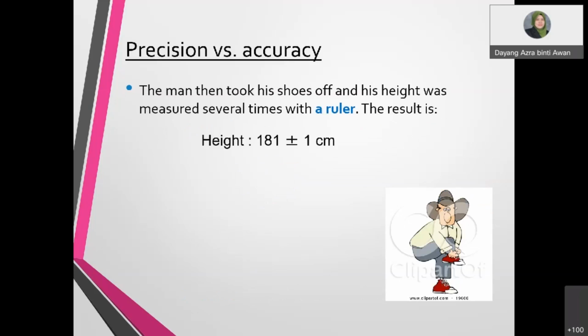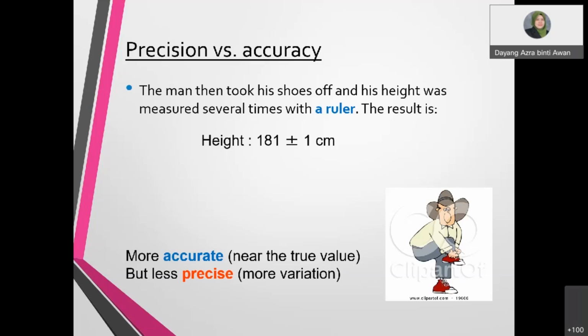Okay. So then the man took his shoes off and his height was measured several times with a ruler. Okay. So ruler tu dia tak boleh give you a 0.01 punya nilai value semua. Dia just bagi you in 1 cm sahaja. Okay. So at the end you have 181 plus minus 1 cm. Okay.